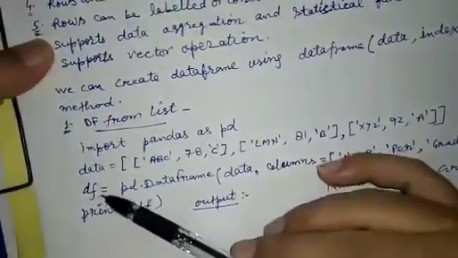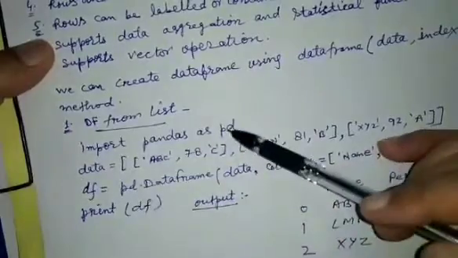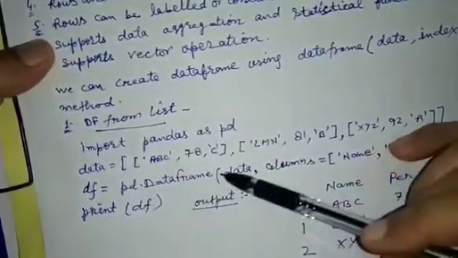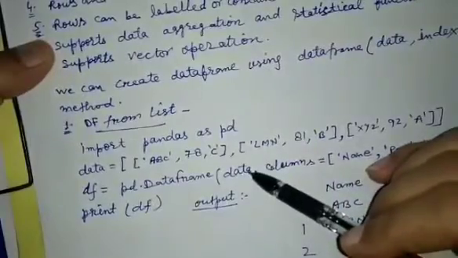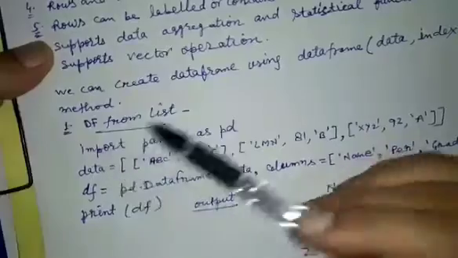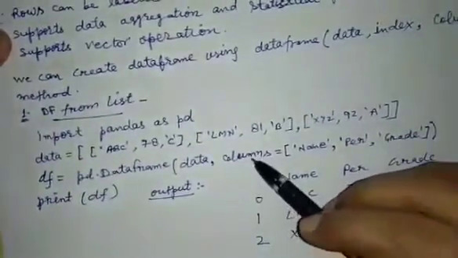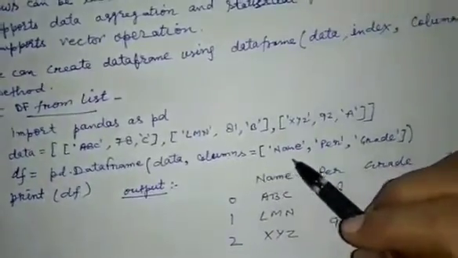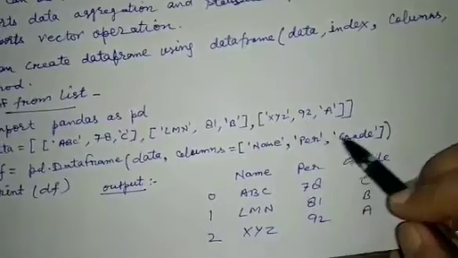Now df is equal to pd.DataFrame. The first argument of the DataFrame method is data, as we assigned a multiple list in this data. The second argument is columns, in which we can provide the name or heading or label of the columns.